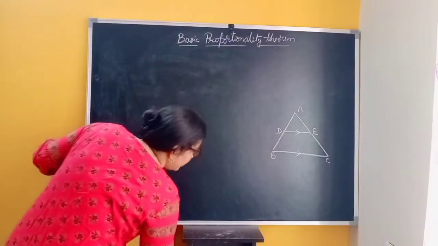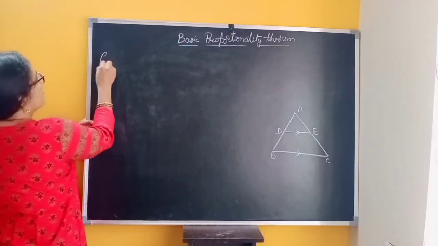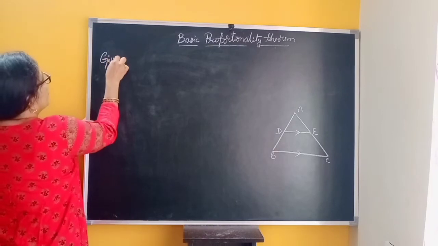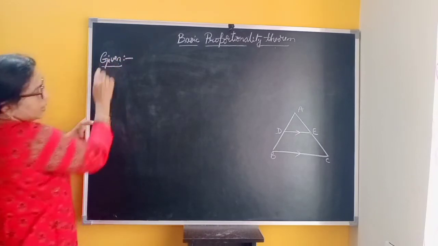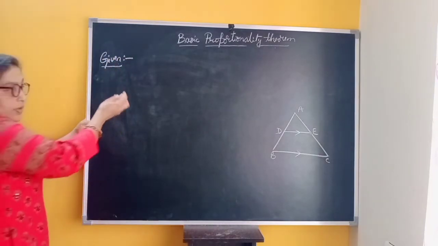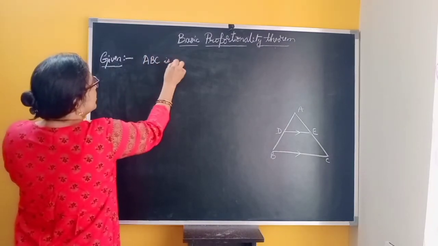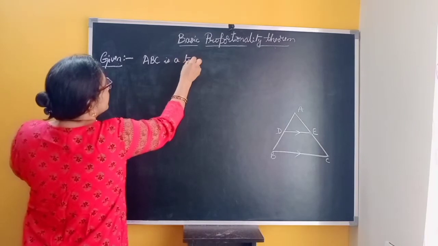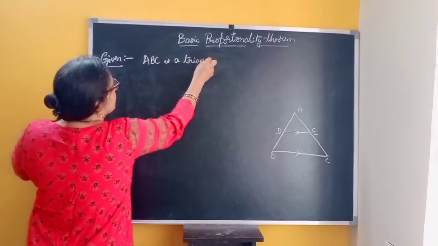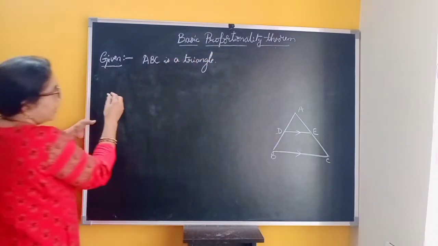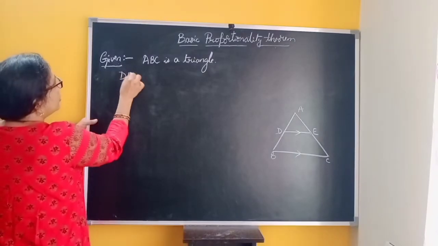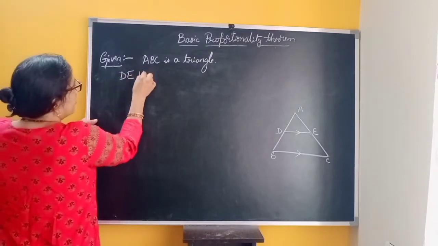First, you write what is given. What is given? ABC is a triangle, and DE is parallel to BC.